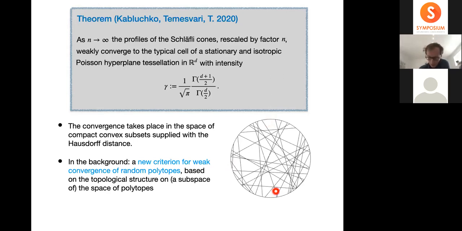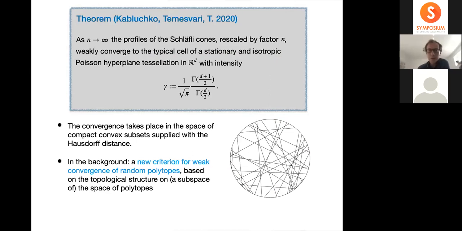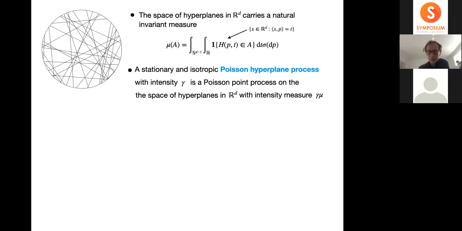But first of all, I would like to explain what this picture means and what this limiting object is, the typical cell of the stationary and isotropic Poisson hyperplane tessellation. So what is it? Everything takes place in Rd because we are now in this tangent space in which these profiles are supposed to converge.